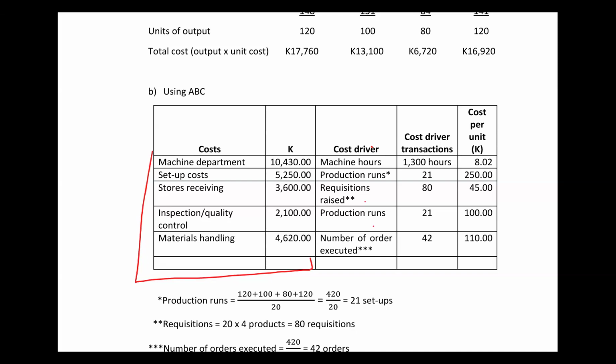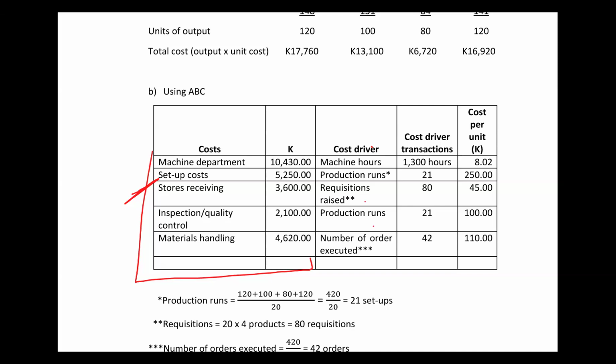So add the units and then divide by the number of runs in general. For example, this setup cost is based on the production runs. How do you find the production runs per setup? We have to add all the units and divide by the number of production runs. There are 20. So divide by the 20 production runs, and then you have the number of setups.